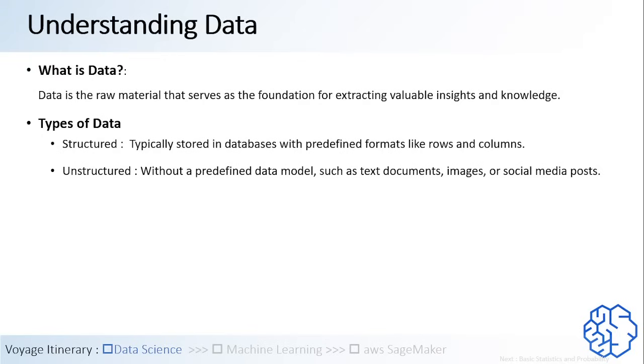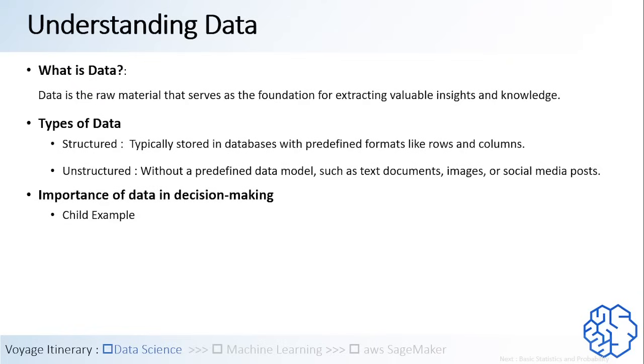So all of this is unstructured data. There is no fixed format, right? So we must know that the types of data are two types, structured and unstructured. Given that this is an introductory session, we will be focusing majorly on structured data to keep things simple and to understand the concept of this whole technology.